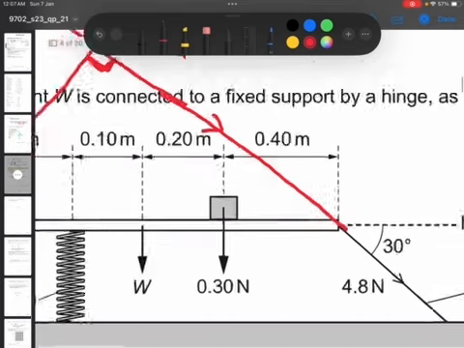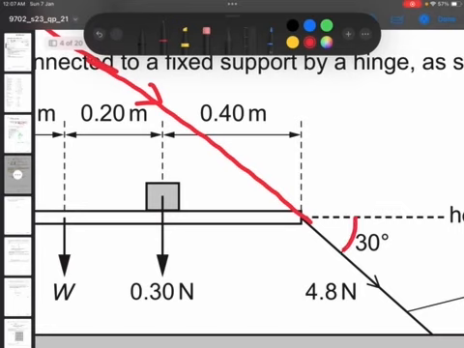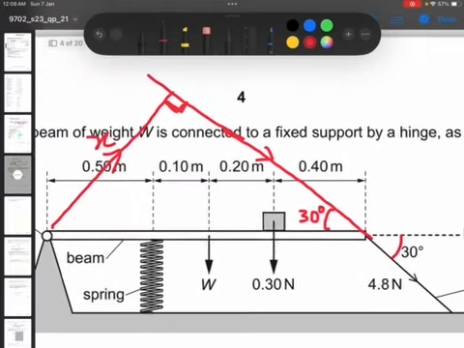So we want to find that perpendicular distance. And as there's an angle of 30 here, there will be an angle of 30 here. If that's the case, then we continue to the next stage. And what is the next stage? The next stage in this case will be to find this distance, x.